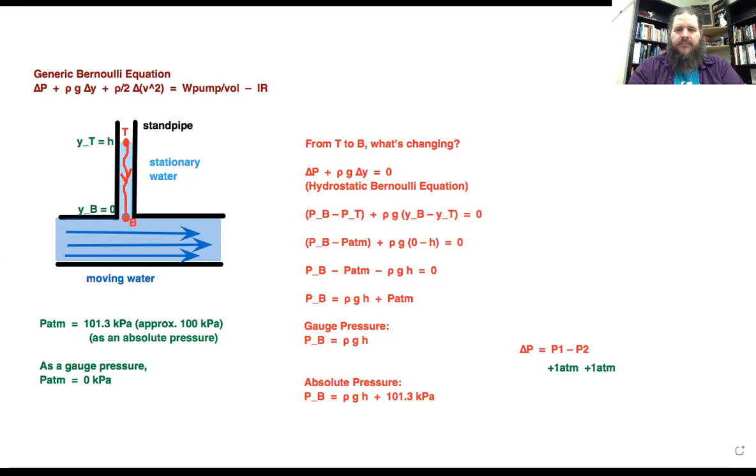If you've got P1 plus 1 atmosphere and you're subtracting P2 plus 1 atmosphere, what happens to those plus 1 atmospheres?